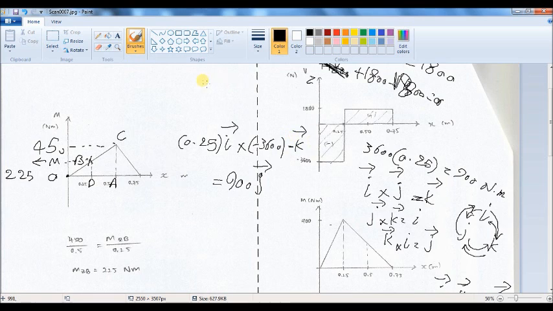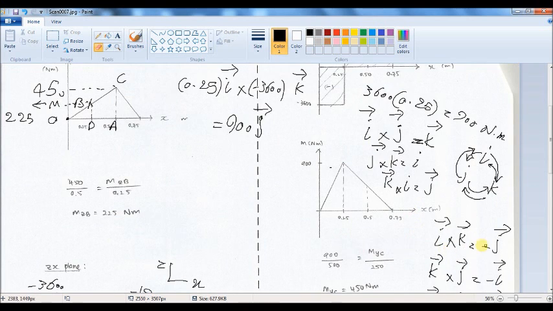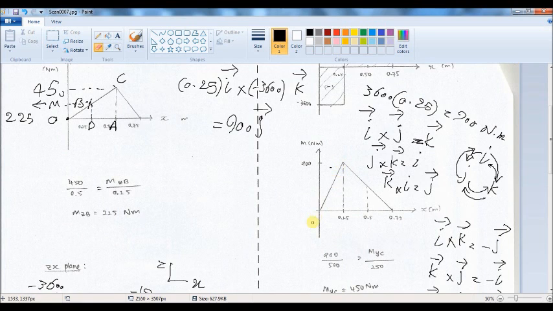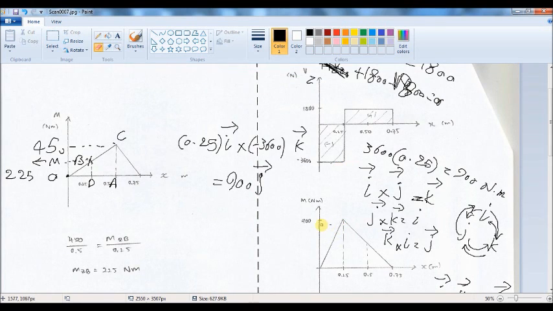Actually, here I should write only one negative, because I already wrote one negative here, right? Negative 3,600 k. And then i times k is negative j, and here also we have another negative, so the total result is positive j. That's why we have to draw the moment diagram with positive slope. Although this area is under x, the line of the moment should be drawn with positive slope to 900.